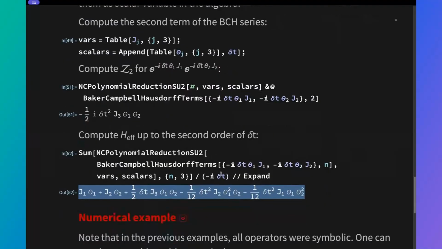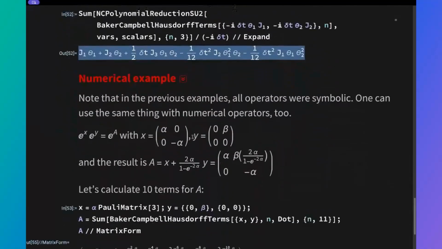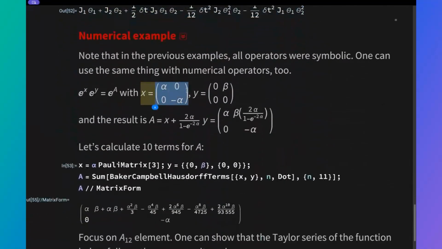All the examples that I have been showing you so far were symbolic computation. That said, you can also give an explicit expression to your operators. For example, here I'm saying that this X is practically my Pauli Z operator, and Y is basically the jump operator from lower state to higher state. This is the famous sigma plus.